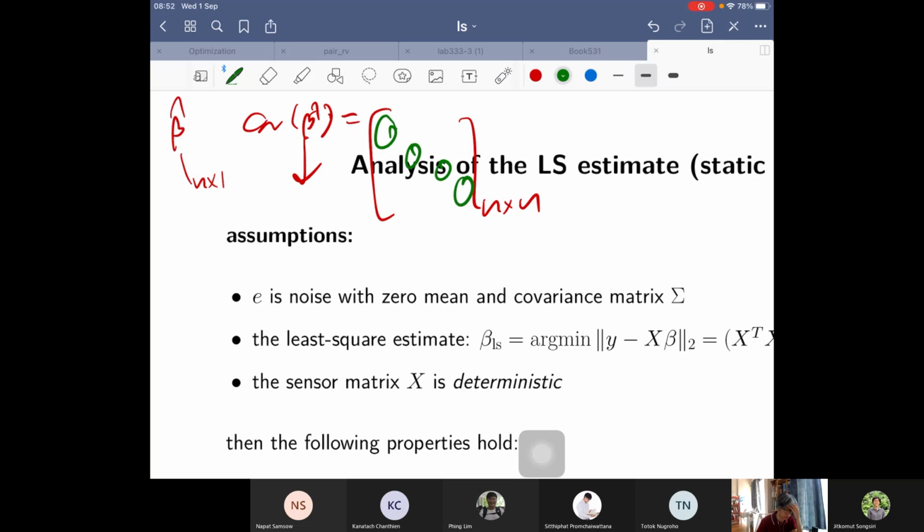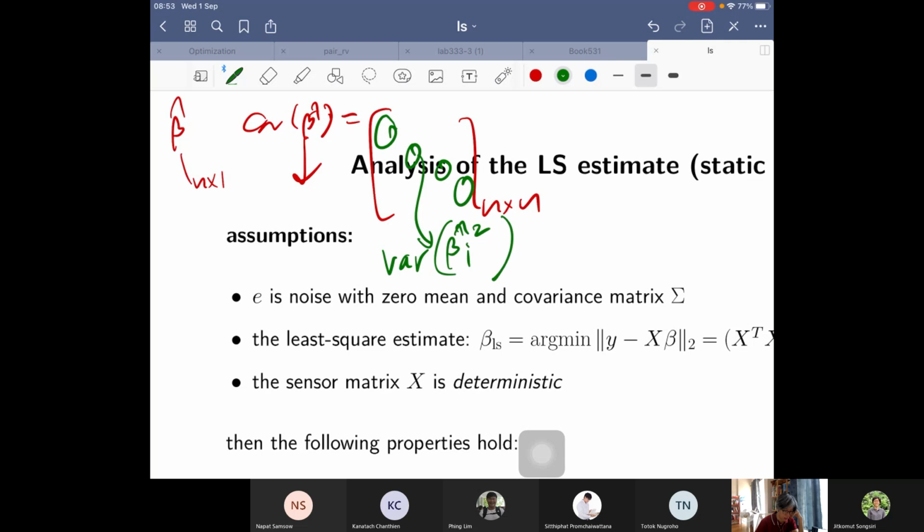The diagonal term equals beta hat square? This is not beta hat square.